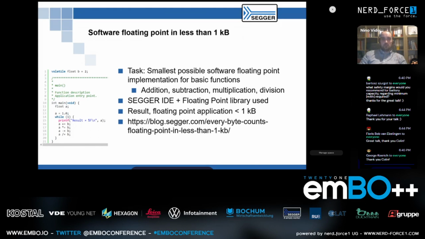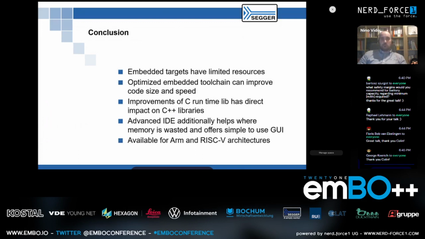So if you'd like to check it out, just Google for Segger blog floating point face-off. There's 2 parts about it, and very interesting results. So if you use floating point functions in software a lot, this is something you might want to take a look at. So yeah, let's come to my conclusion.